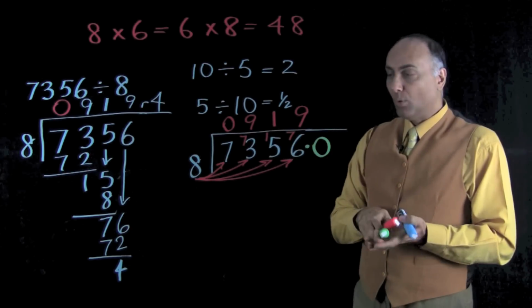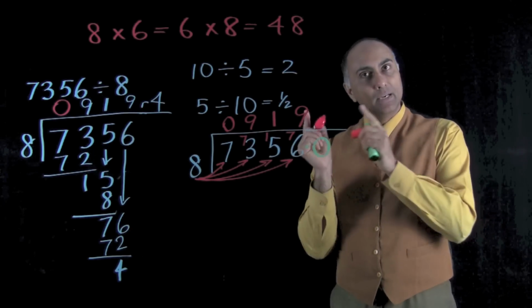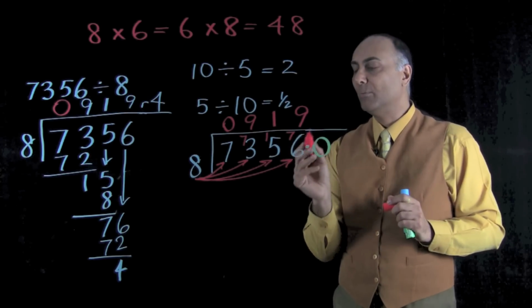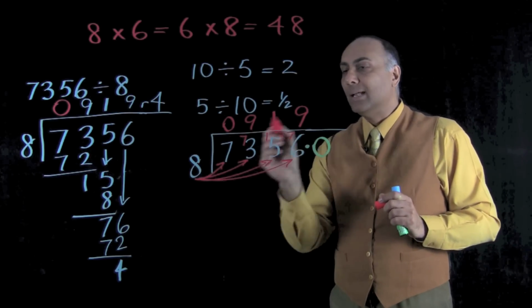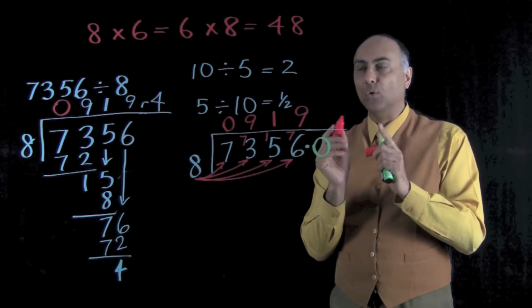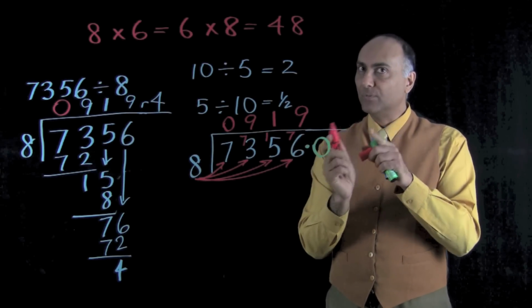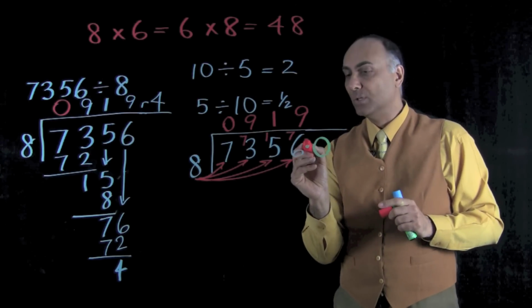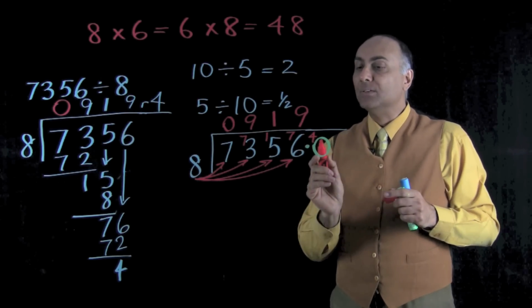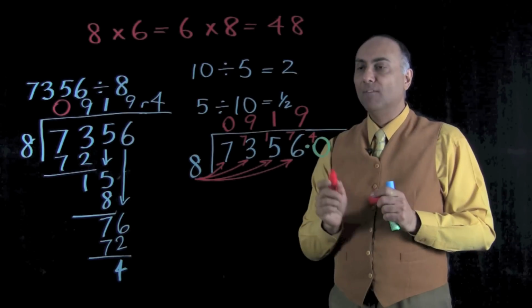But now what happens is I have a digit in front of which I can write my remainder 4. So just to remind you, 9 eighths use up only 72 of my 76, and there's a remainder 4. The remainder always goes in front of the next digit. So the remainder 4 goes in front of this naught. Then it's 8 into 40, which of course goes 5 times.